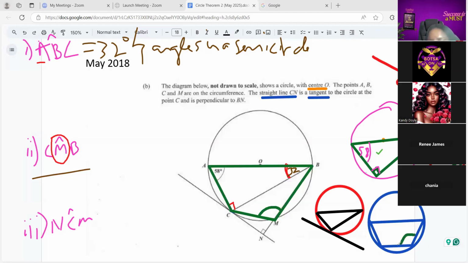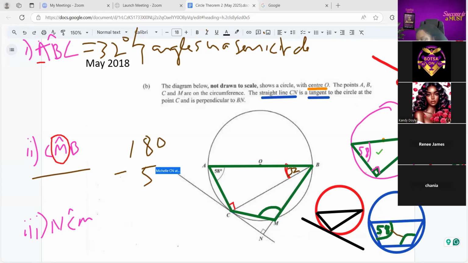I'm going over to the sketch. The same angle is this angle here, and this other one is 58 degrees. And based on the rule for cyclic quadrilateral, the opposite angles must add up to 180 degrees. So these two angles over here must add up to 180. So all you have to say is 180 degrees.